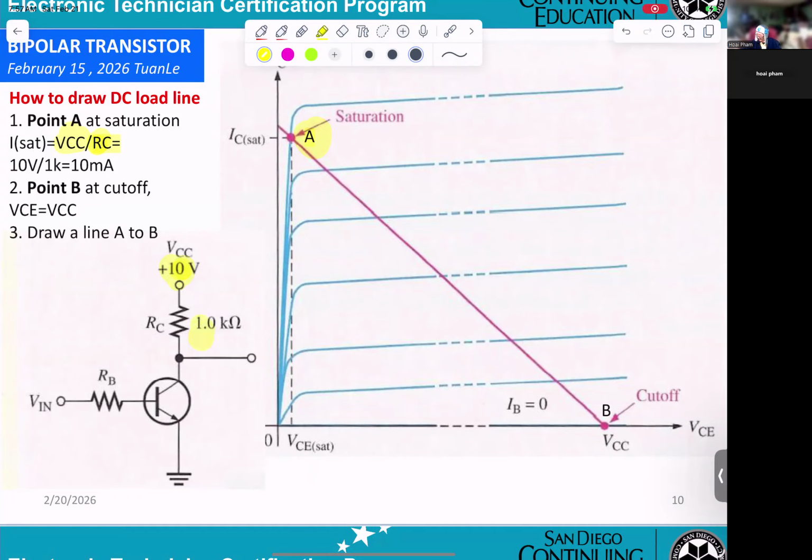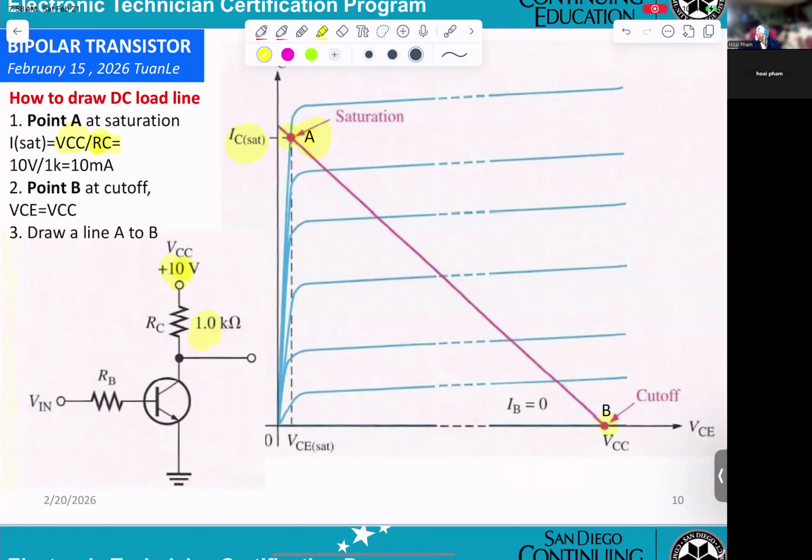That's RC right here. So you get 10 milliamp. So this I saturation will be 10 milliamp.